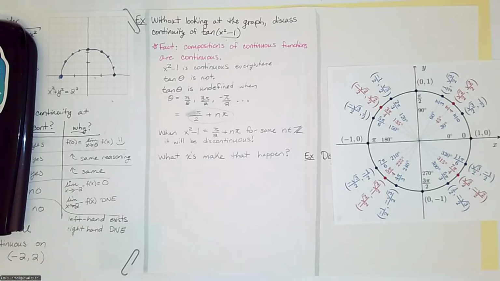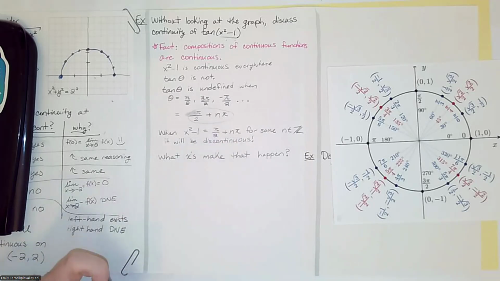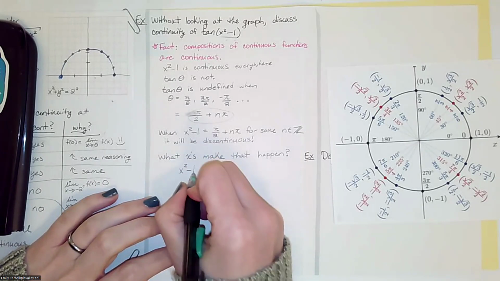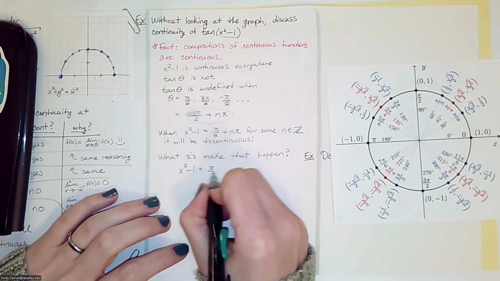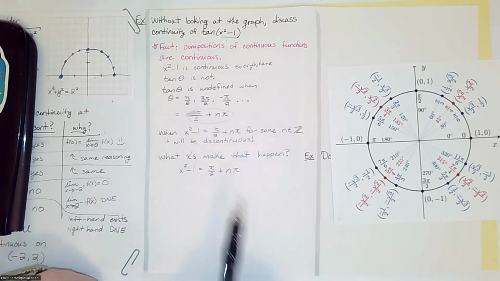What x values would make x squared minus 1 evaluate to a number of the form pi over 2 plus n pi? To find that out, we want to take this equation and solve it for x. And n is going to be an arbitrary number.